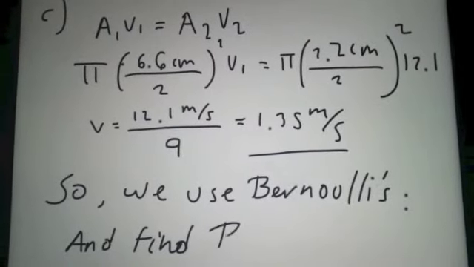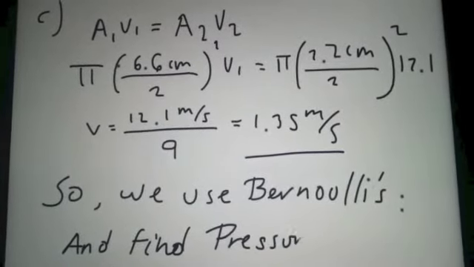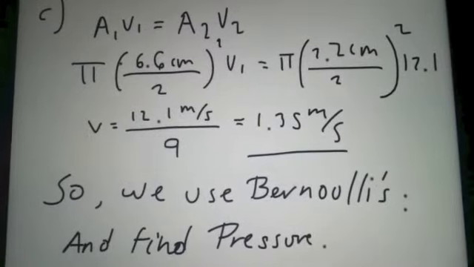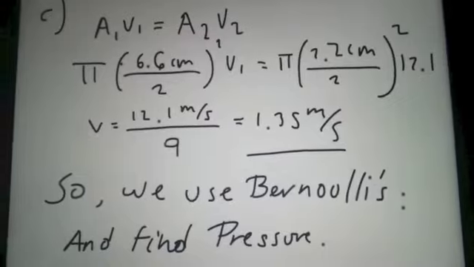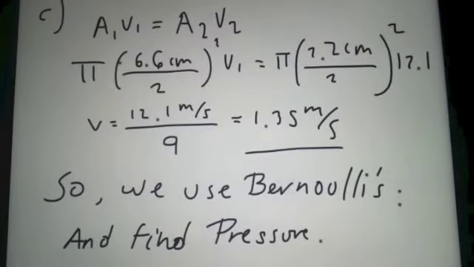We have to finally isolate P1 minus P2 to obtain the final result, that is the gauge pressure.